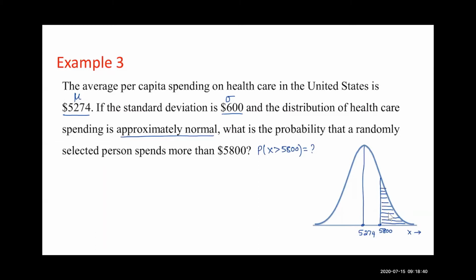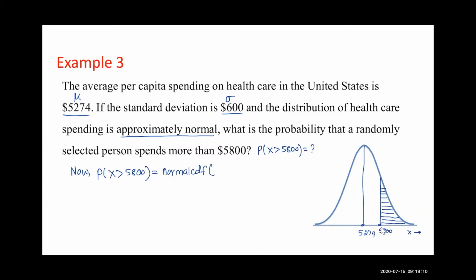So whenever we find the area, we use the normal CDF in our calculator. So we can write this probability. You can also write this down. Probability that X is greater than 5,800 is equal to, in order to find that area in calculator, we use normal CDF. Then we write the lower limit for the area.